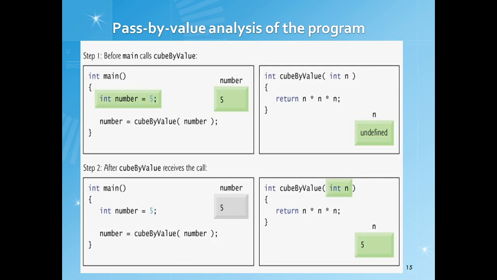In order to compare the two situations, now we're trying to analyze what happens exactly when we use the two different ways. For example, in pass by value, in this first case, the first step is the number is 5. Then in the first step, in terms of scope, n is a local variable, so it is usually undefined, right?